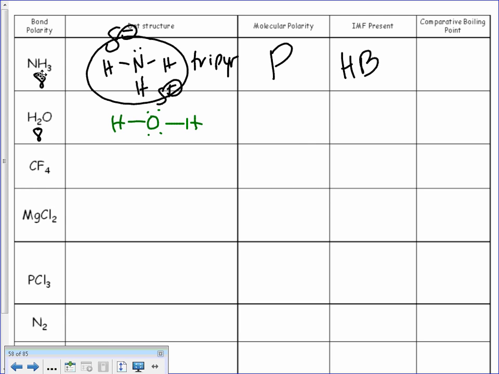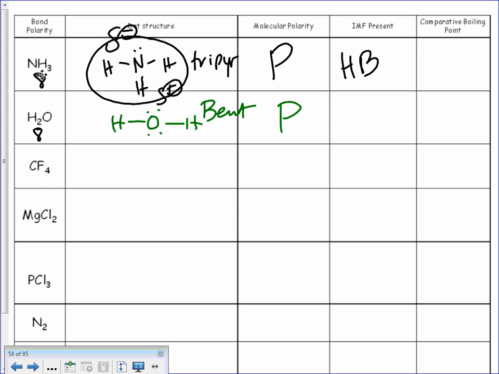Niall, look on your sheet. Tell me what the shape of that is. That would be 2 lone pairs, 2 ligands. Right, that is bent. If you're bent and you have the lone pairs up top and the 2 hydrogens down low, Melanie, is that polar or non-polar?